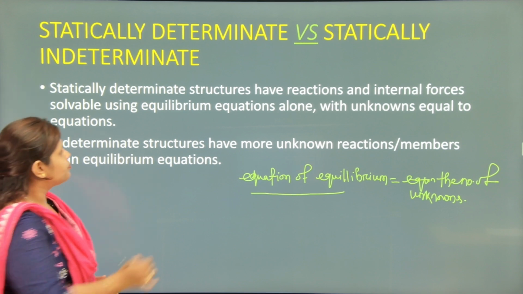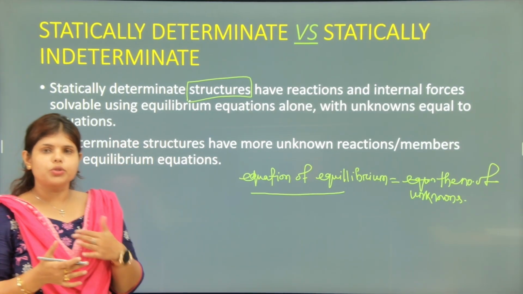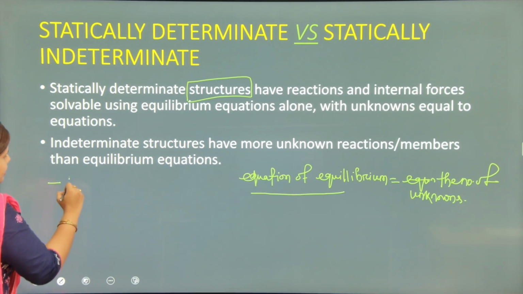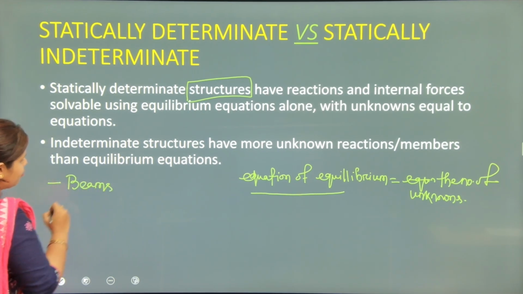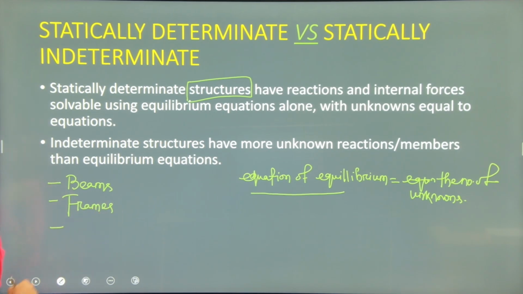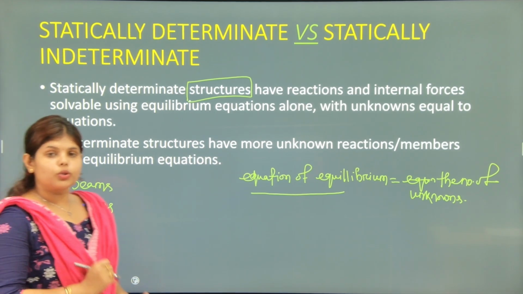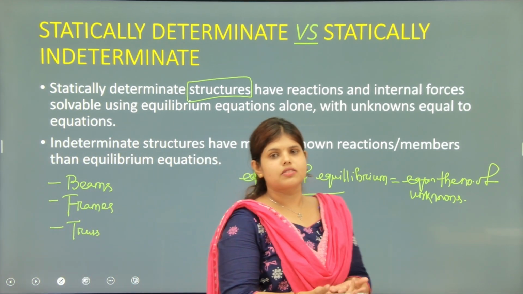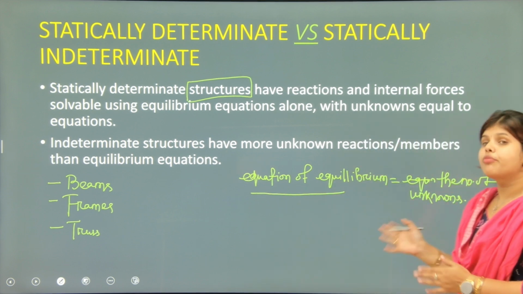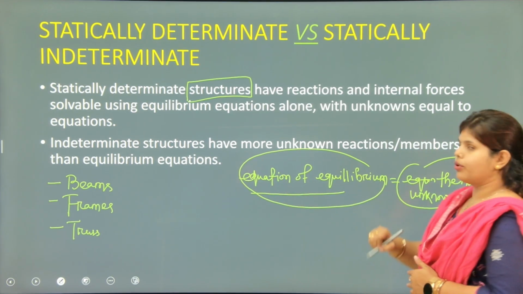Let's understand that whenever, as civil engineers, we talk about structures, we have three types of structure in our mind: one is beams, another one is frame, and another one is truss. Whether the beam, frame and truss are statically determinate or statically indeterminate, we will understand from the equation of equilibrium and the number of unknowns.